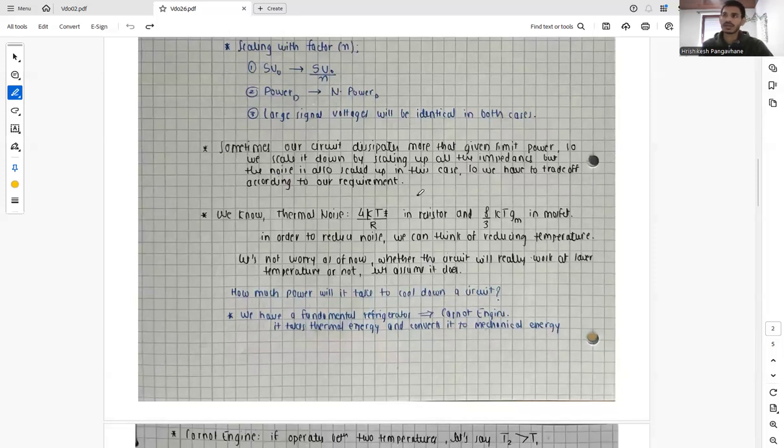So sometimes our circuit dissipates more than the given limiting power. Sometimes what happens is our circuit has a limit of power dissipation, but it is dissipating more power than the limit, or it is crossing the limit. So we scale it down by scaling up all the impedances, but the noise is also scaled up.